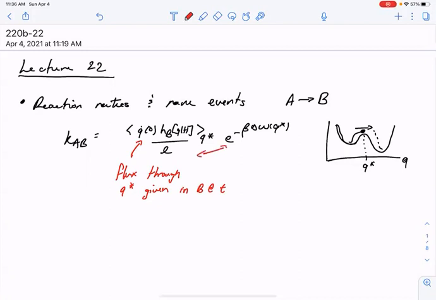And this exponential, that Boltzmann factor, divided by L, L being a characteristic number of states or width of that basin, encodes the probability of getting to Q star from basin A, distinguished from basin B through this dividing surface at Q star.